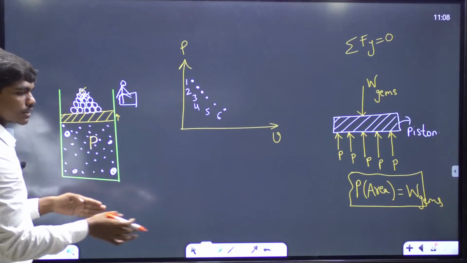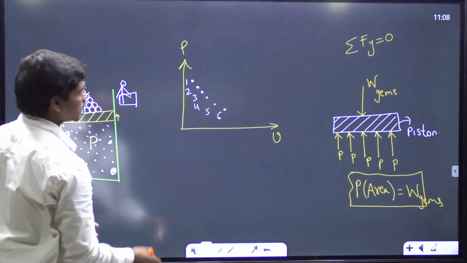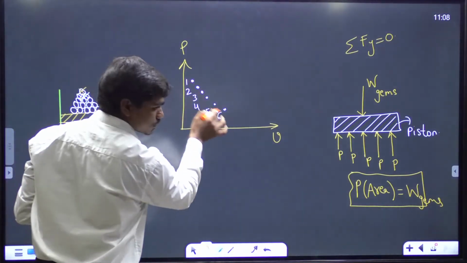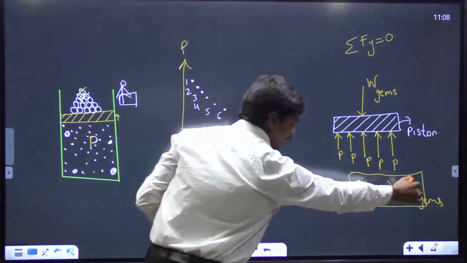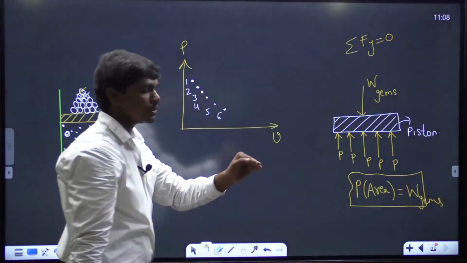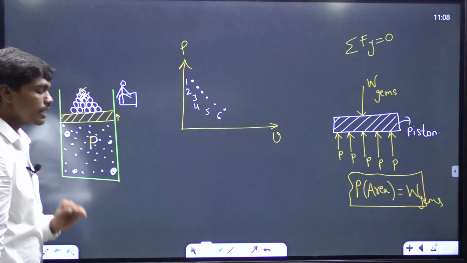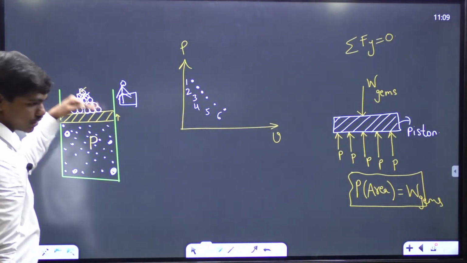Correct? Pressure is decreasing throughout this path because P is directly proportional to the weight of the jumps, so this decreases, and volume is increasing. Dinesh, am I clear why P is decreasing? P is decreasing because of the movement of the piston.